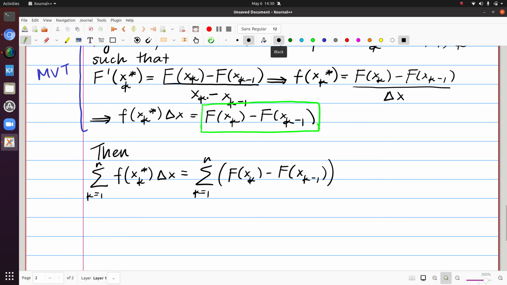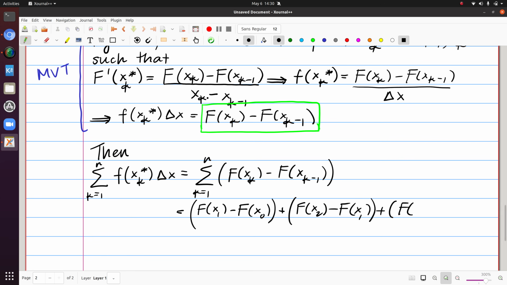Let's think about this new sum here. If you were to write out the terms of this, starting with the first term, you would get F of x_1 minus F of x_0. And then the next term would be F of x_2 minus F of x_1. And the next one would be F of x_3 minus F of x_2, dot dot dot.